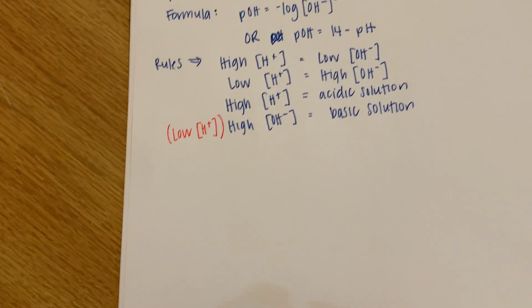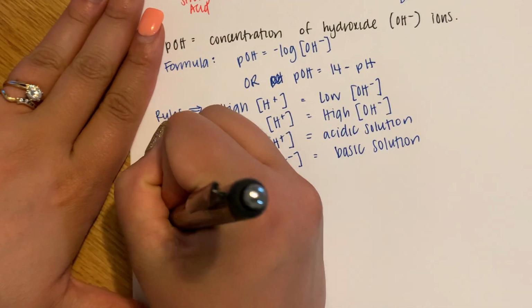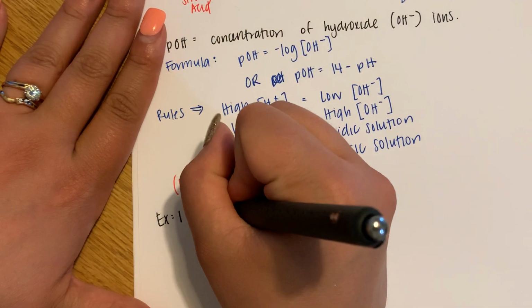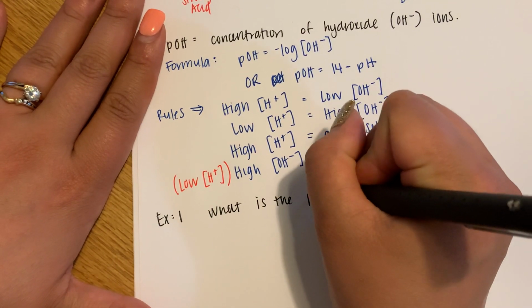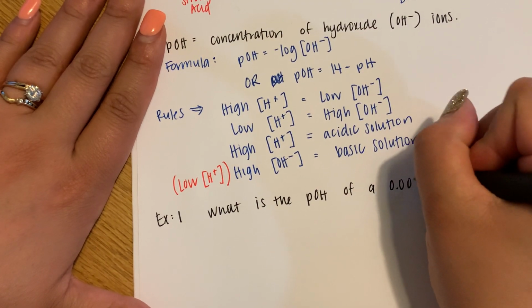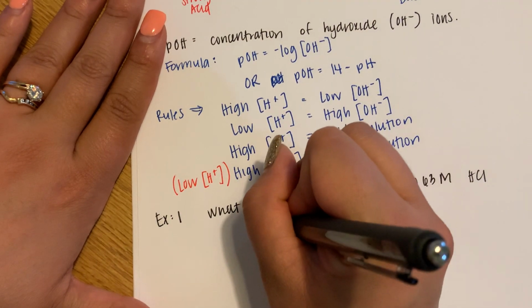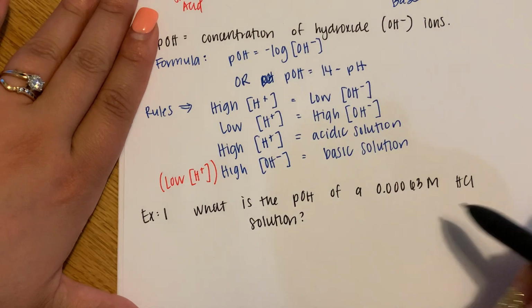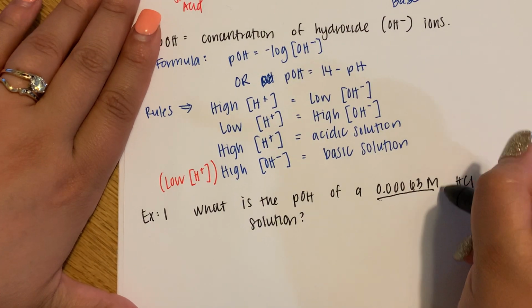Or maybe there's a two-step problem that you might need to do depending on the information that they give you. So let's look at this first example. What is the pOH of a 0.00063 molarity HCl solution? Okay, so notice we're given, just like we did before, something with molarity.